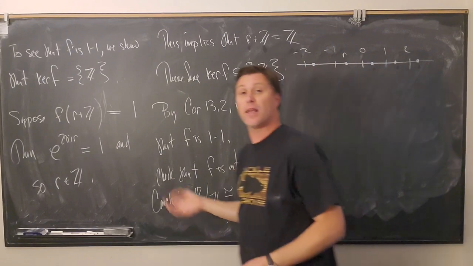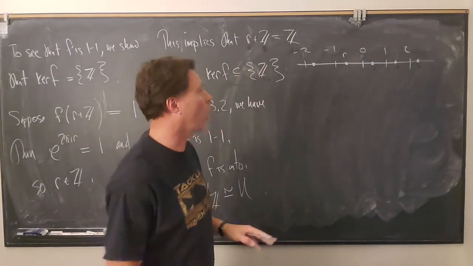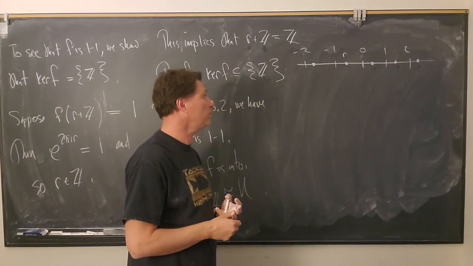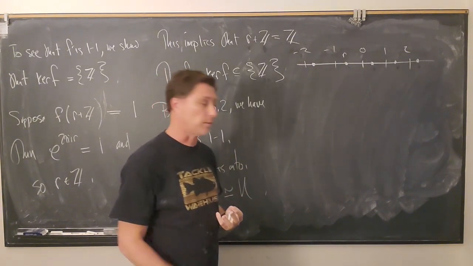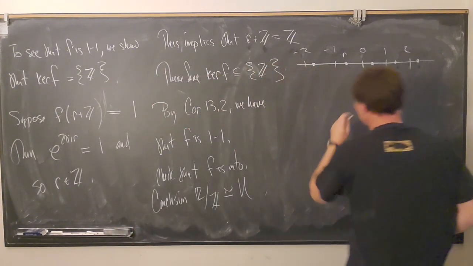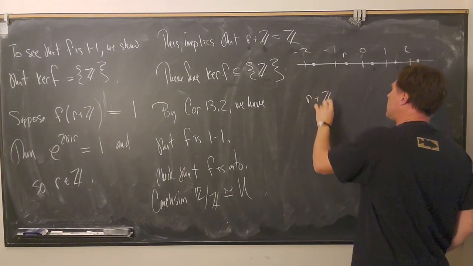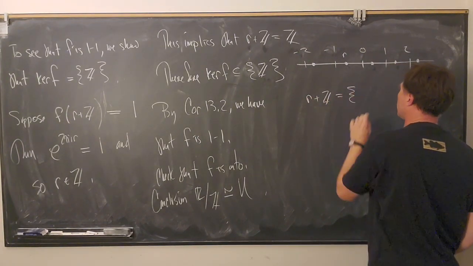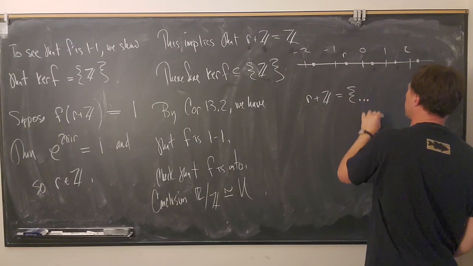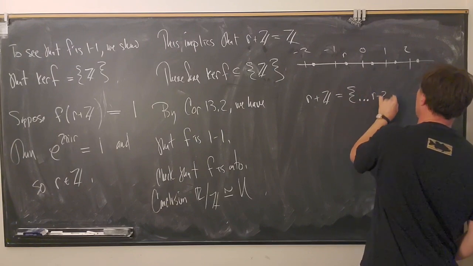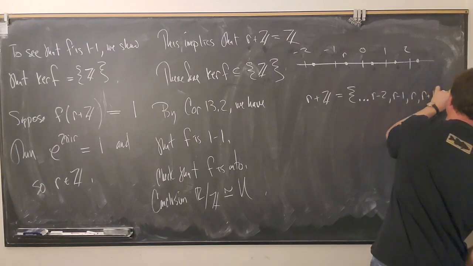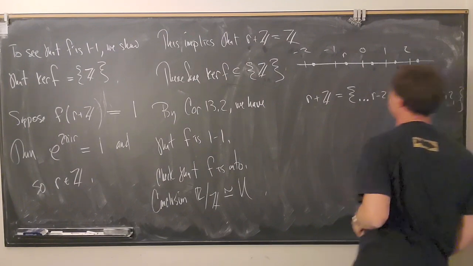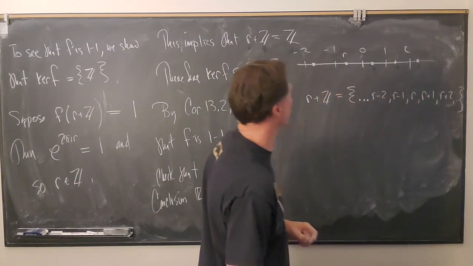All the elements that are an integer distance away from R live inside our coset. All right, so R plus Z consists of all the things of the form R minus 2, R minus 1, R plus 1, R plus 2, and so on.